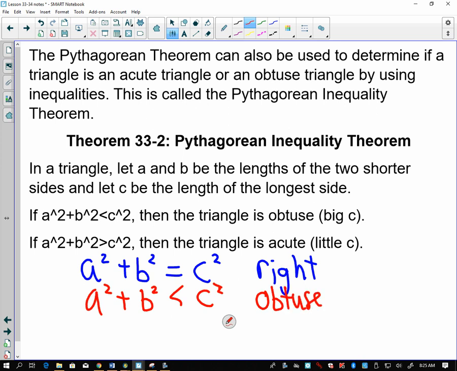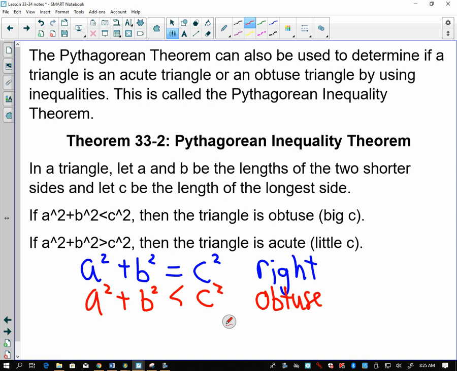Don't look at it as, this over here is small, because if I think about the left-hand side being small, I'll think acute, right? Because acute is less than 90. You want to think about this in terms of the hypotenuse alone. Okay, does that help?